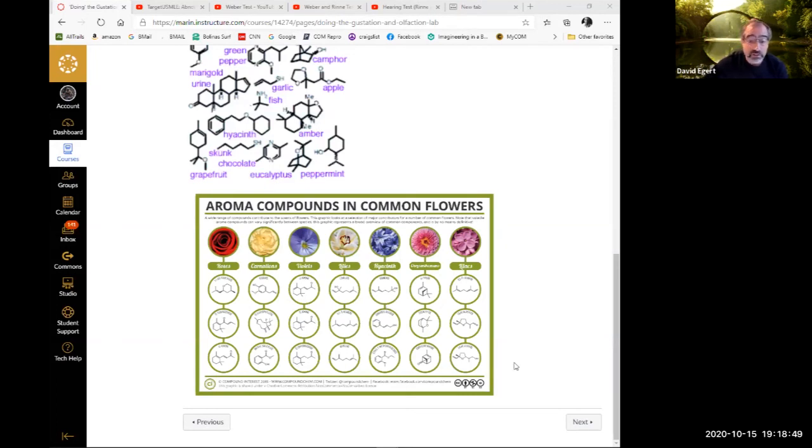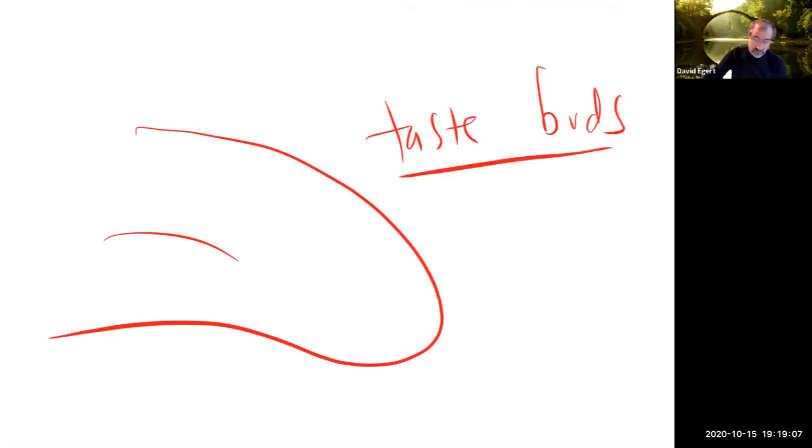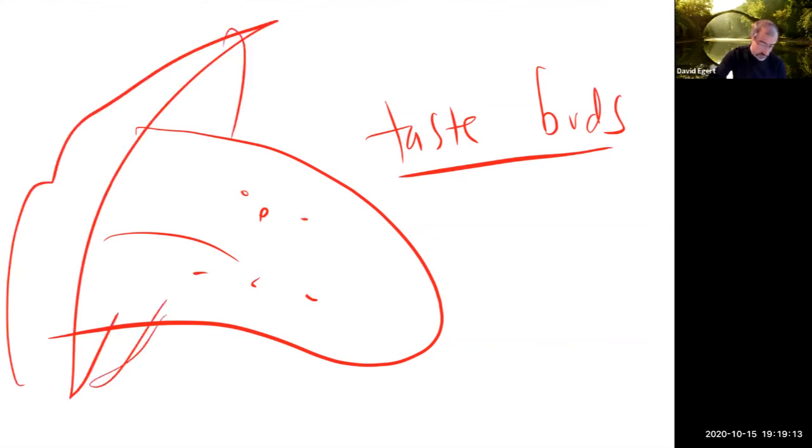Taste buds are a little simpler. Taste buds are also chemoreceptors, but instead of detecting such a wide array of molecules, what do taste buds detect? What are the different kinds of molecules your taste buds can detect?